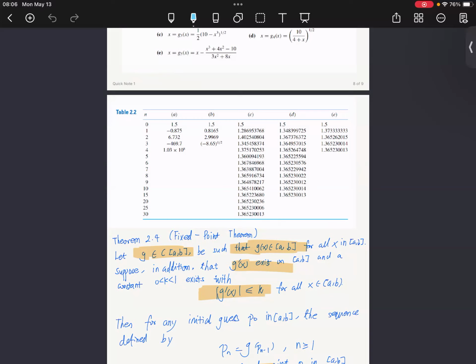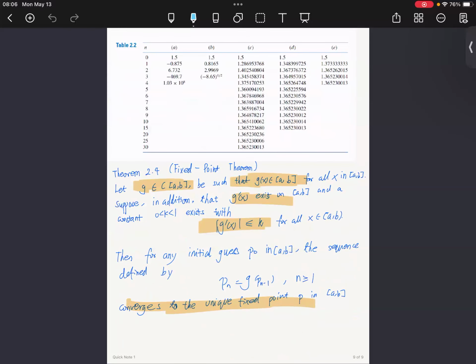With all these assumptions on G, and this is very important, you will see something different later in the assumptions: for any initial guess P0 in the interval AB, the sequence defined by this converges to the unique fixed point P.